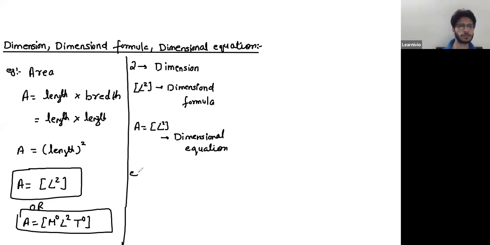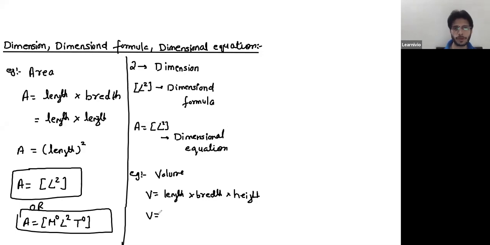Let's take one more example. Instead of area, let's start with volume. The formula of volume is length into breadth into height. Can I consider breadth and height as just length? Yes, sir. So I can write this as length multiplied by length multiplied by length.